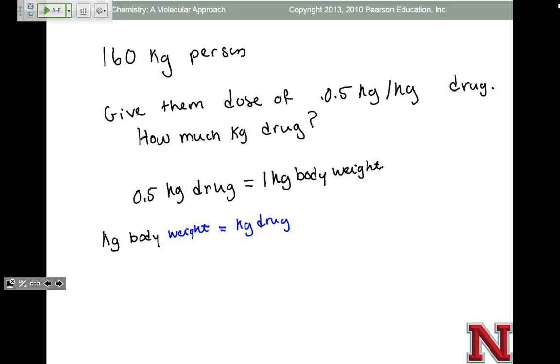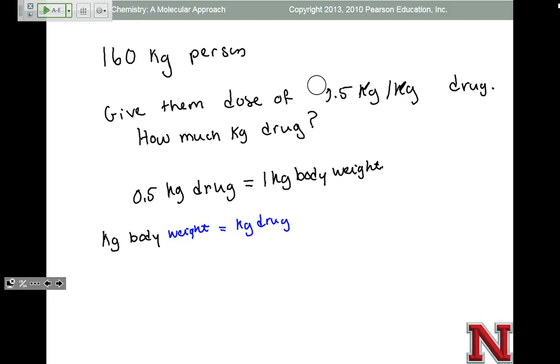This is kilograms, so it's K. 0.5 kilograms per kilogram body weight.